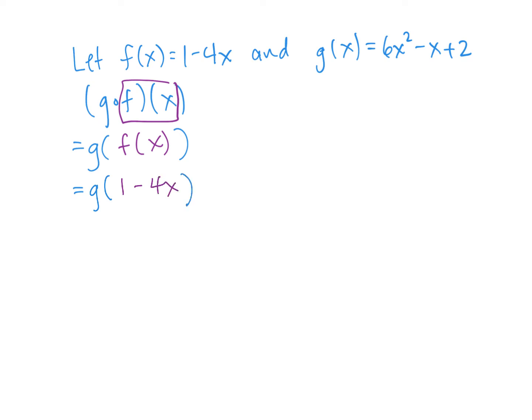Okay, now let's get g ready. G takes 6 times its input after it's been squared, minuses its input, plus 2. So we've created space for our input. So everywhere I need that input, I'm going to plug in that 1 minus 4x, 1 minus 4x.